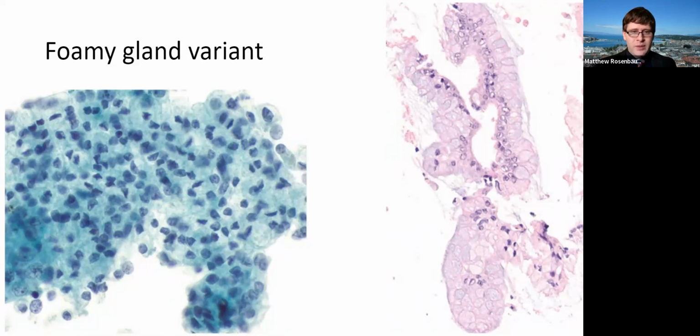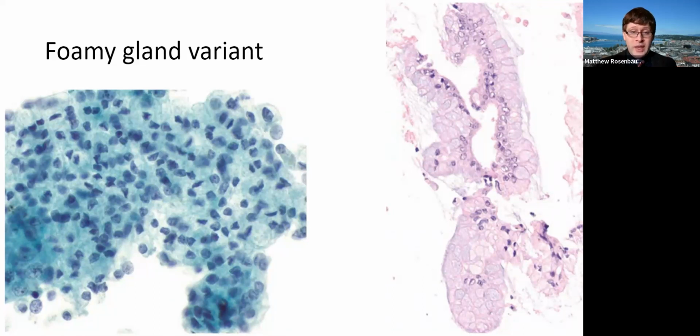Also, the presence of that large amount of foamy cytoplasm is one thing that's highly suggestive of a foamy gland variant. It's always important to keep in mind other malignancies that do have large amounts of cytoplasm. So if you can get a cell block, or just get a history, the person has a history of, say, clear cell renal cell carcinoma, that would be the worst offender.